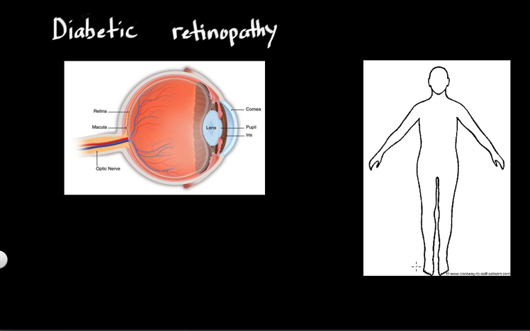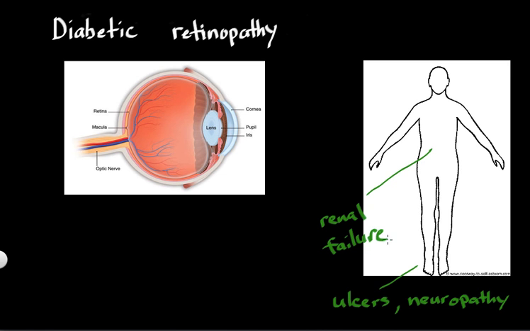Starting with the feet, pointing here, patients get ulcers and neuropathy due to damaged blood vessels in the feet as well as in the hands. In the kidneys, diabetics get kidney failure or renal failure, and you may know some diabetics who are on dialysis or have to have a transplant of the kidneys.